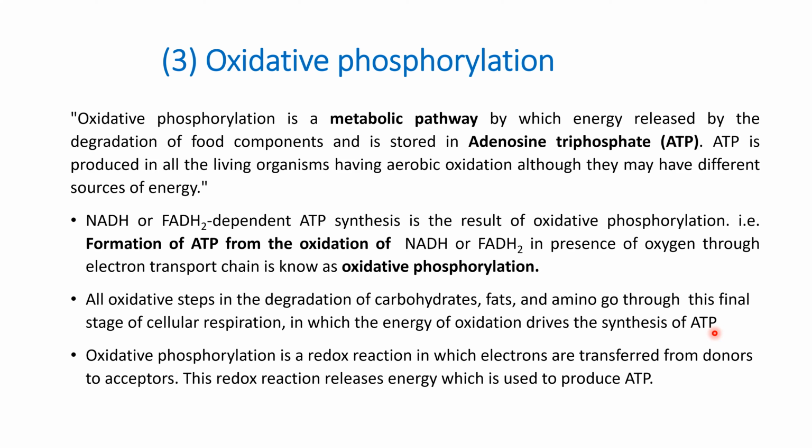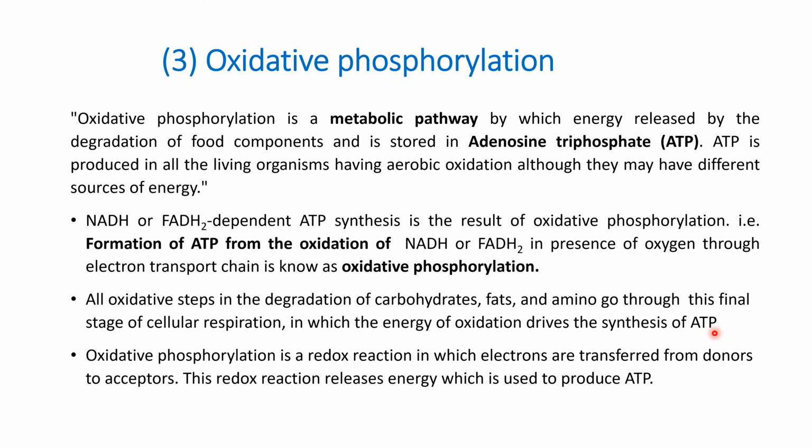This is not the byproduct amount of ATP, which we have seen in a number of steps, but this is basically produced, and this is the ultimate step in the cellular respiration, where we are getting finally the ATP, right? So the oxidative phosphorylation is a redox reaction in which electrons are transferred from donor to acceptors.